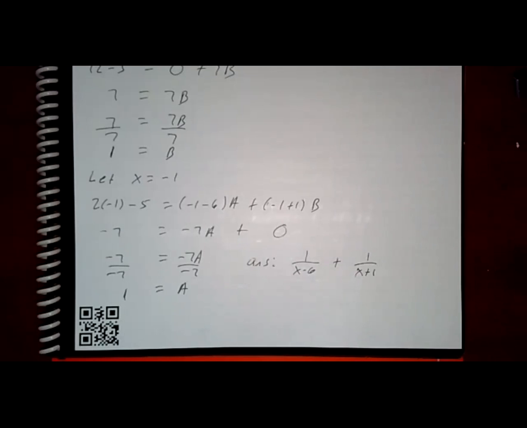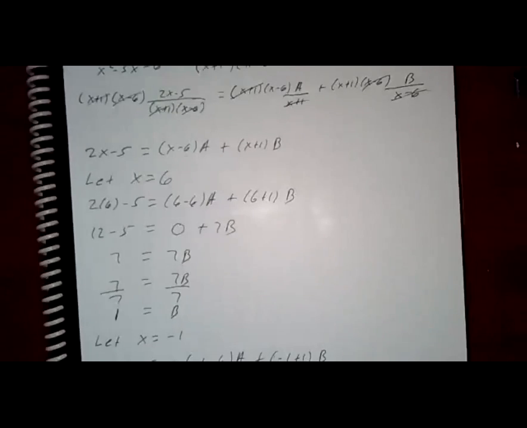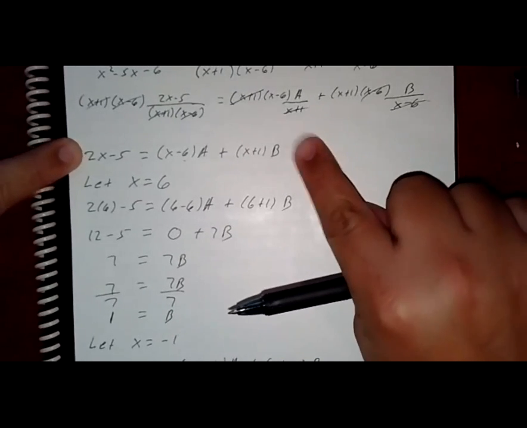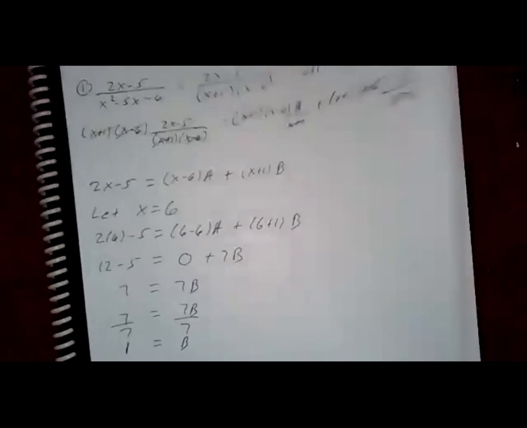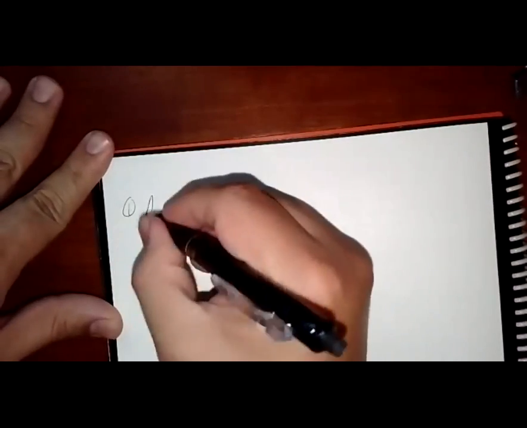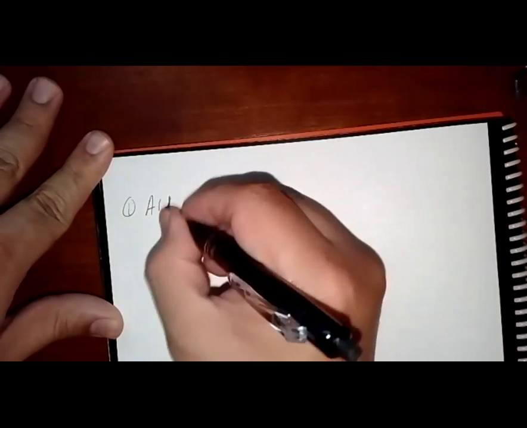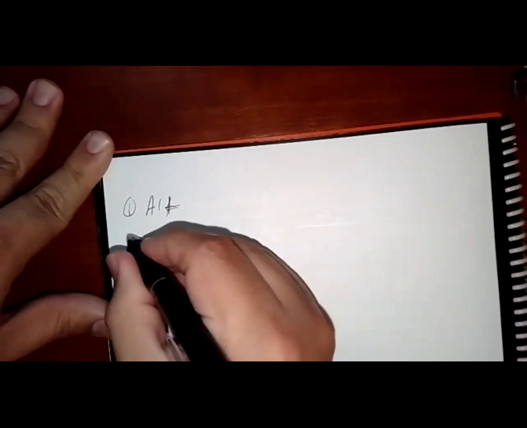Okay, so any questions on this method? Did it make sense? We can do it the other way too, if you like. It doesn't matter. Yes, can you? Yeah, let's do the same question the same way. So we'll start right here. That cool? Because we're just going to expand this and create the system. So let's see here. So number 1, alternate method here. The original method, I guess. We had 2x minus 5, right?